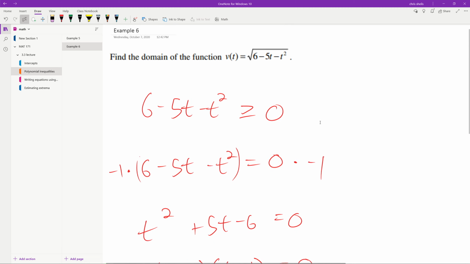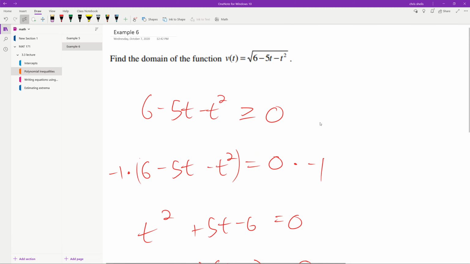So notice that this original function here, I have this negative t squared. Maybe it's blending in with my t a little bit. But you notice that this is negative. So this original quadratic here is going to be facing down like a frown.